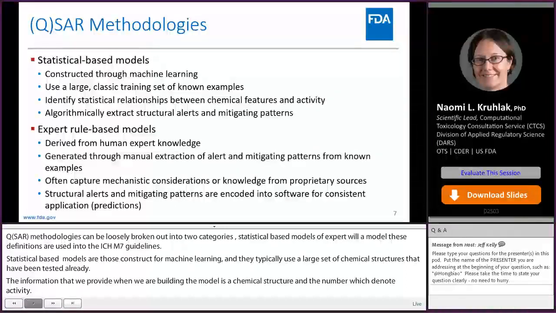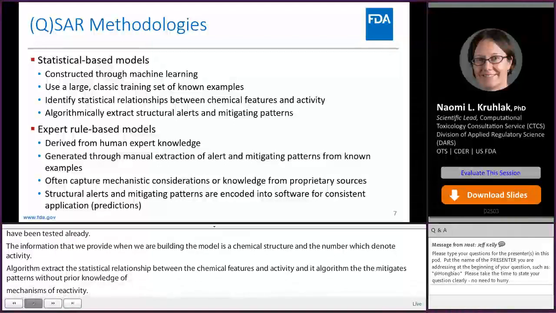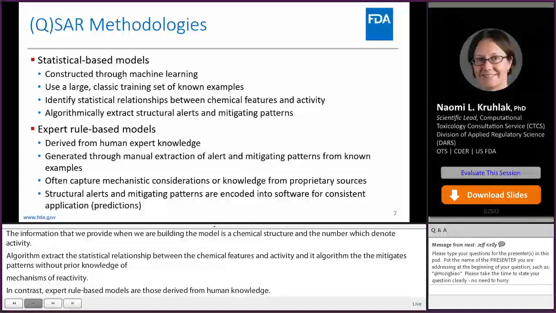In contrast, expert rule-based models are those that are derived from human expert knowledge. They're generated through manual extraction of alert and mitigating patterns from known examples, and they have the ability to capture mechanistic information that may have been reported in the literature, or even based on the knowledge of the person who is defining the alert in the first place.